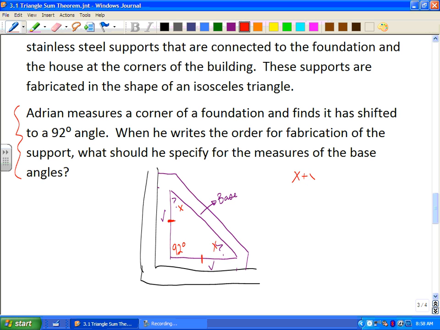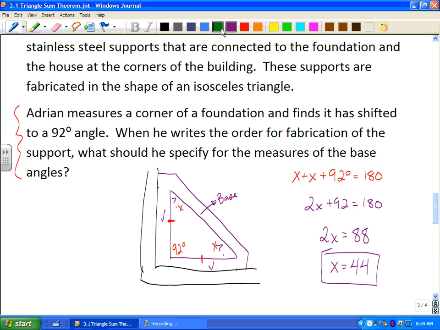We have x plus x, two angles that are the same, plus 92 degrees equals 180. 2x plus 92 equals 180. 2x equals 88. X will equal 44. So each one of these angles is 44 degrees. So what should she specify for the measures of the base angles? They should both be 44 degrees.